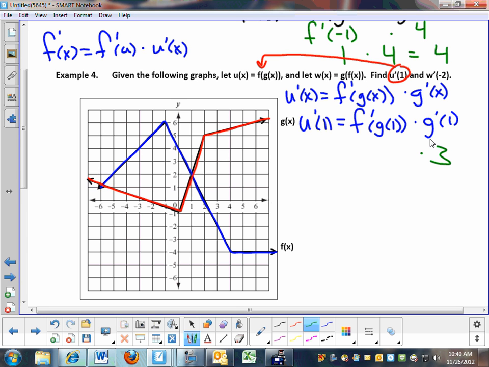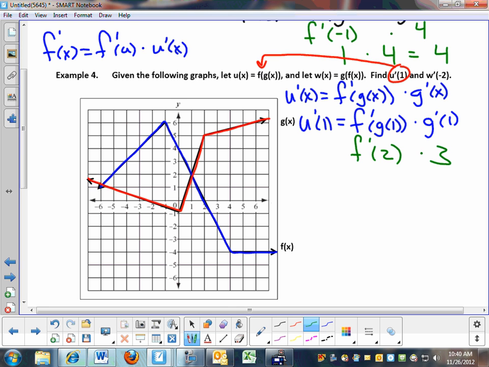Now I need to find f prime of g of 1. First I need to identify what g of 1 is. What is g of 1? 2. So I have to find f prime of 2 and then multiply that by 3. What's f prime of 2? So I look at 2, which is right here, and the slope of the function is not 2, but negative 2.